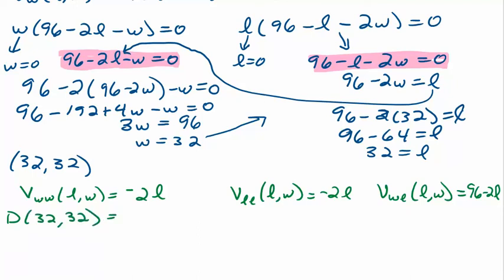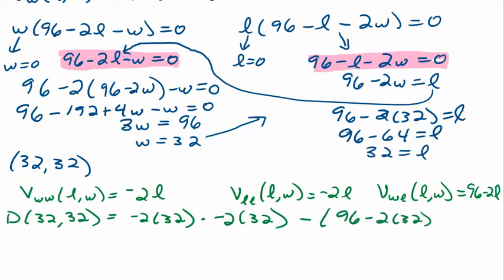So we'll plug 32 into this one, multiplied by 32 into this one, subtract 96 minus 2 times 32 squared. All right, so this comes out to be, I already calculated this, 4,096 minus 1,024, which is greater than 0.